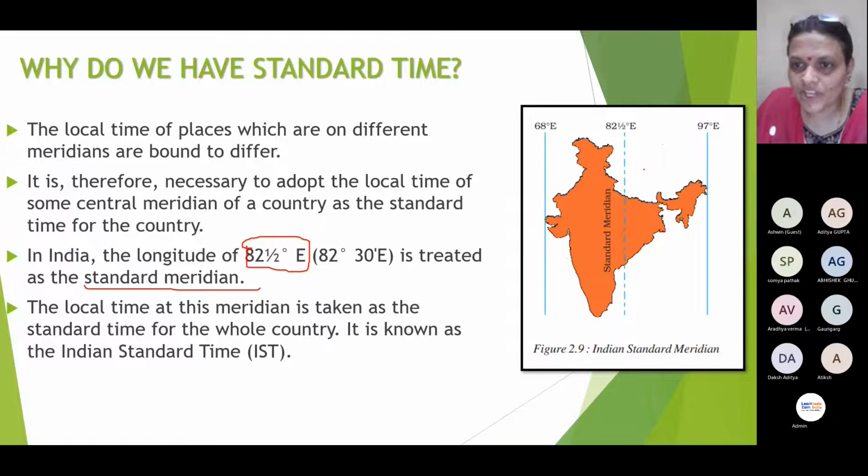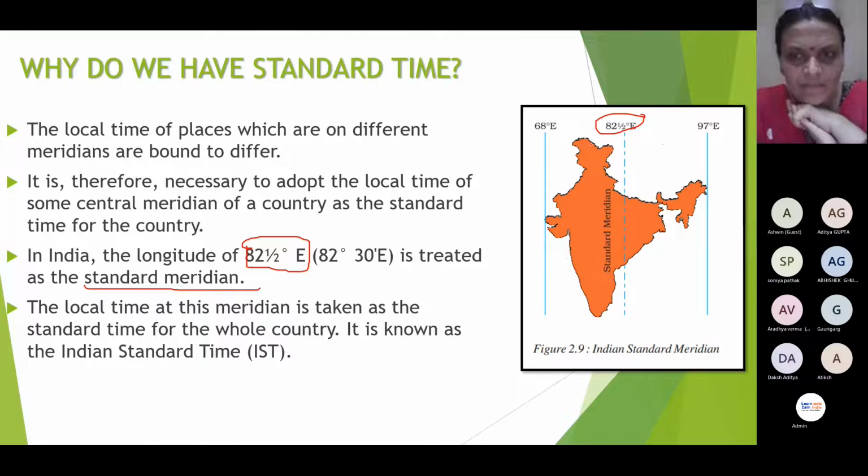Now, here is what I was saying. This is the line 82.5 east, which we follow for India. For the world, every country follows a standard time. Do you think if I call somebody in London, they will have the same time?